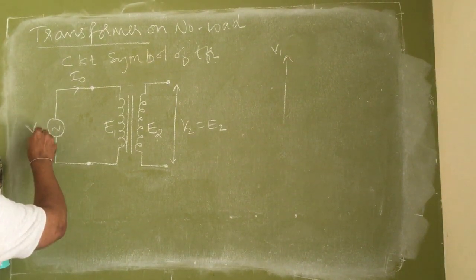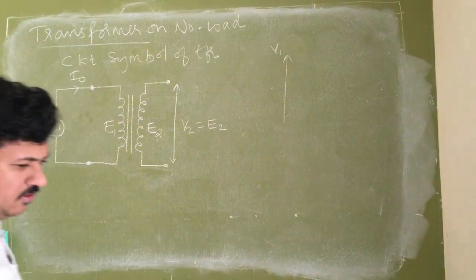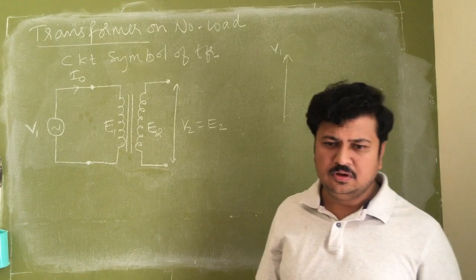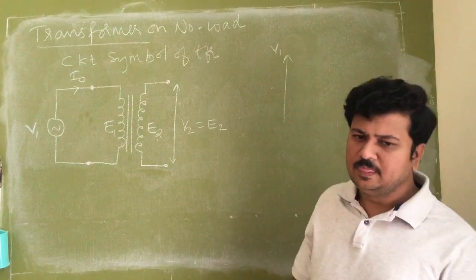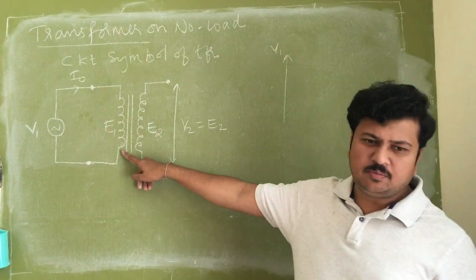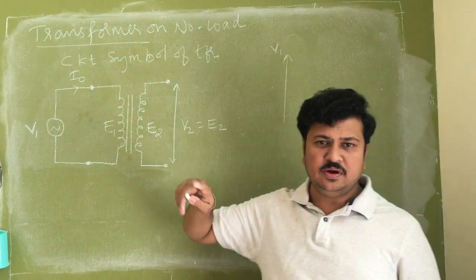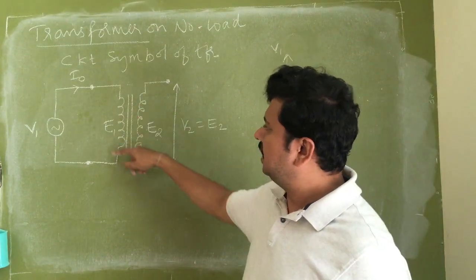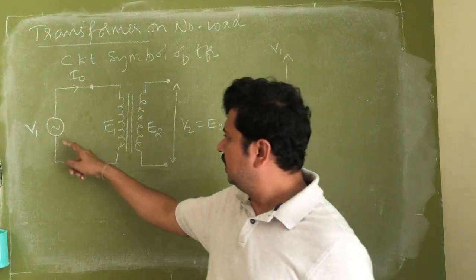Now we have seen in the construction of the transformer that the winding is made highly inductive and with very low resistance. The resistance of the winding is kept very low and the inductance of winding is kept very high. So this is an RL circuit.